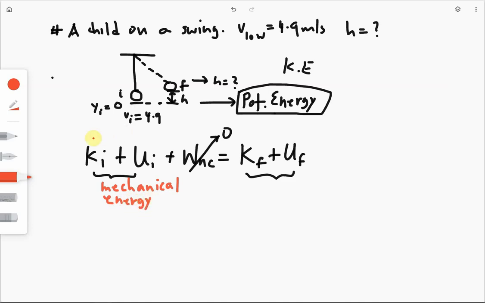So the initial mechanical energy, call it Ei, and the final mechanical energy, call it Ef, with no non-conservative work done, gives this equation. This equation is just the fact that energy is conserved. Mechanical energy is conserved. Ei is equal to Ef. All right? So we are going to use this principle to successfully solve this problem.